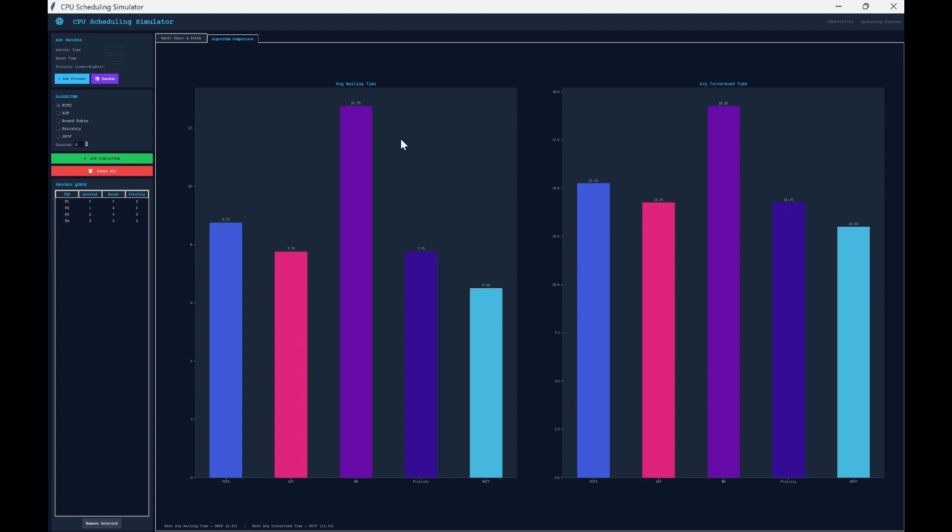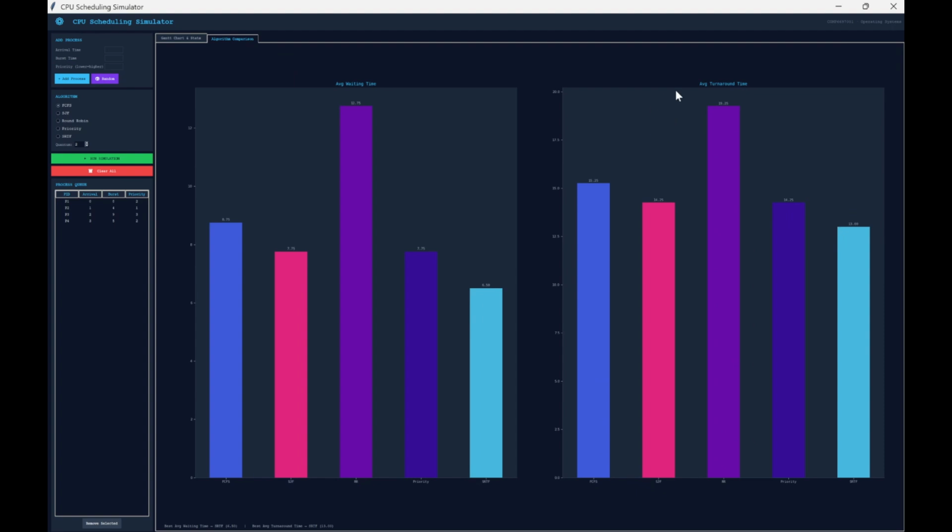So now we'll see at the left chart the average waiting time. We will start with the average waiting time for FCFS, which comes at 8.75, SJF at 7.75, round robin is the highest at 12.75, priority scheduling at 7.75, and SRTF is the lowest at 6.50.